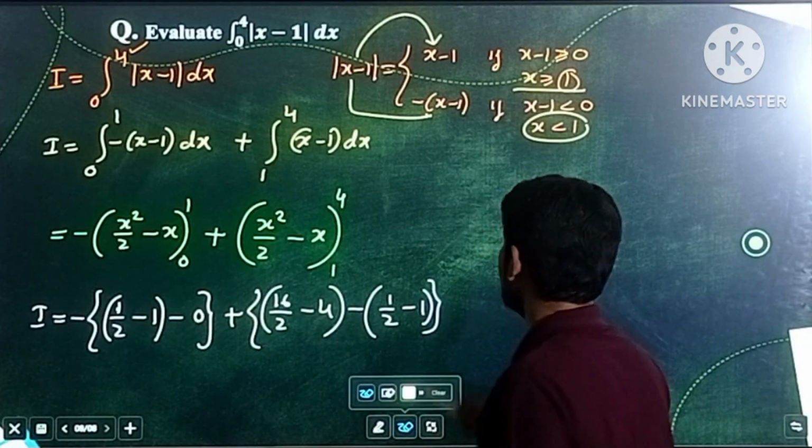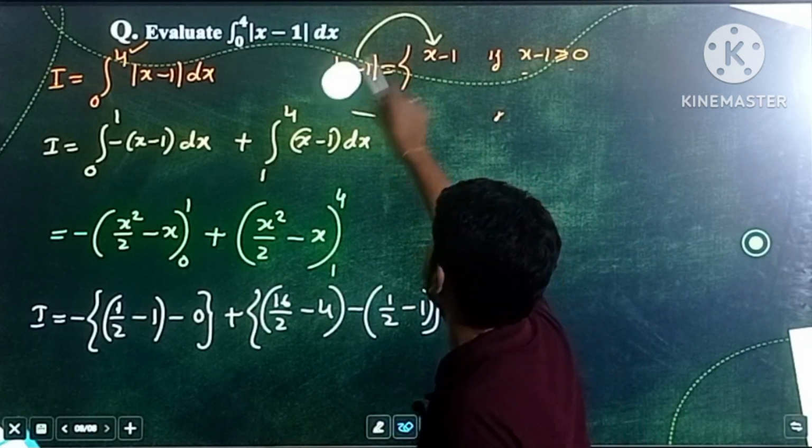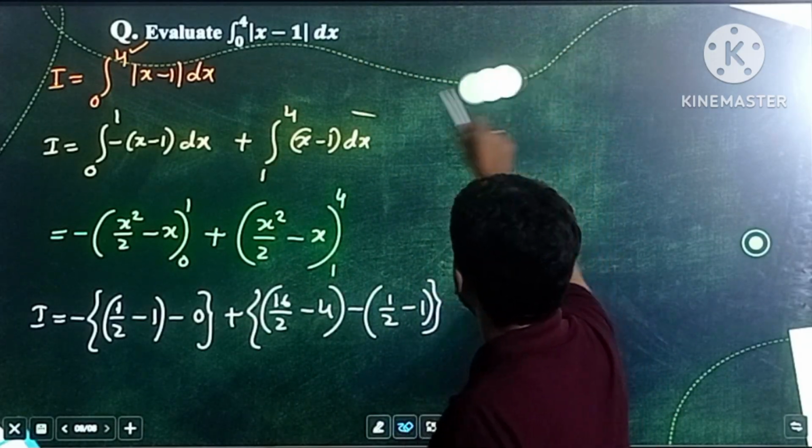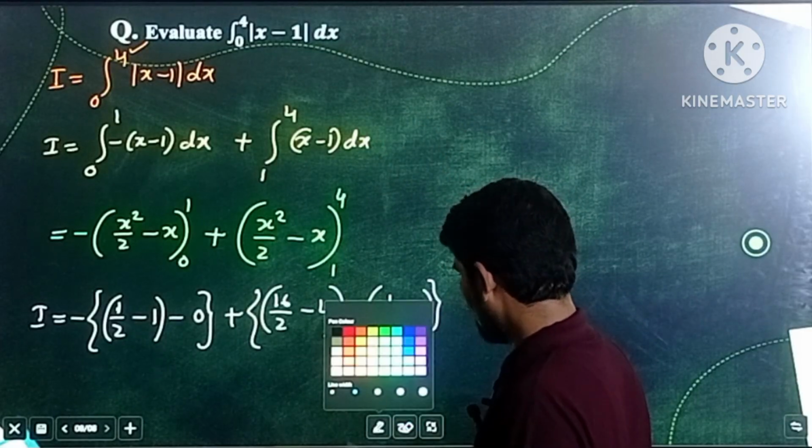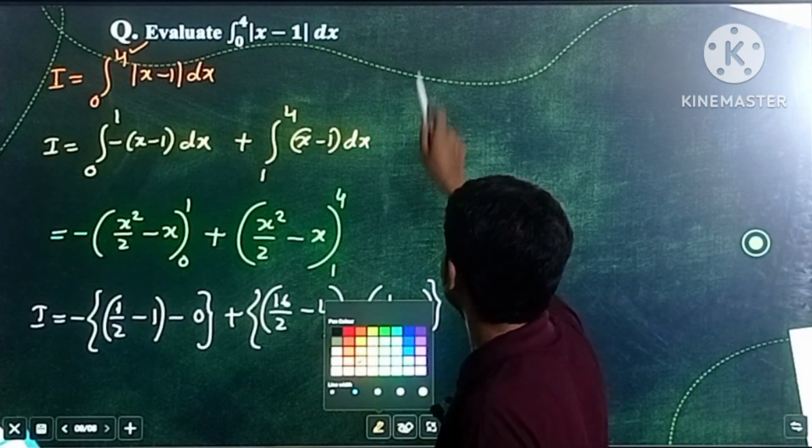Now what? We need to simplify this to get the value of I. What is the next step? I am going to simplify this.